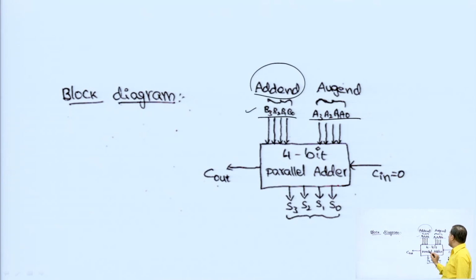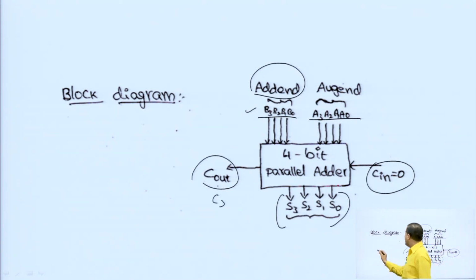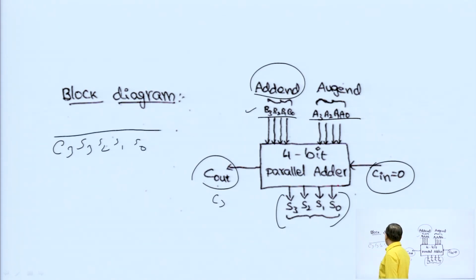These are all coming to a 4 bit parallel adder. Here Cn is 0, this is a single IC. So, the output is S3, S2, S1, S naught and the final carry is C out, right. You can write as C3 also. So, like that we will be getting output as C3, S3, S2, S1 and S naught.